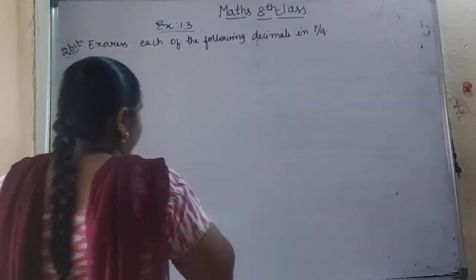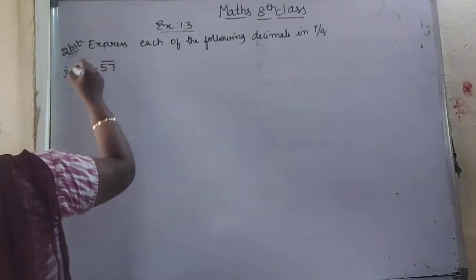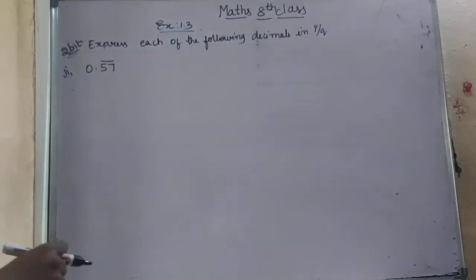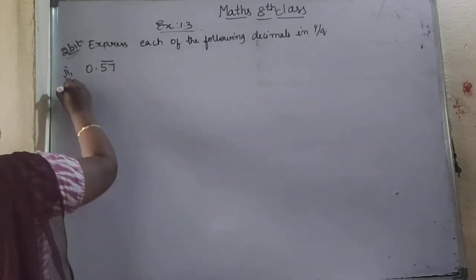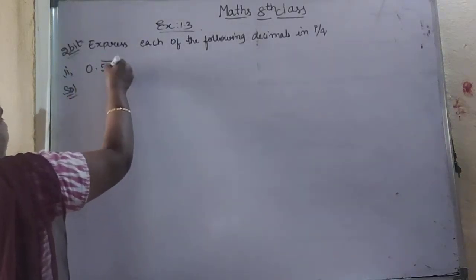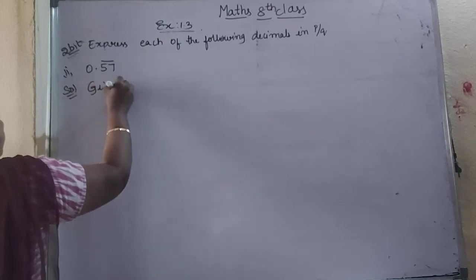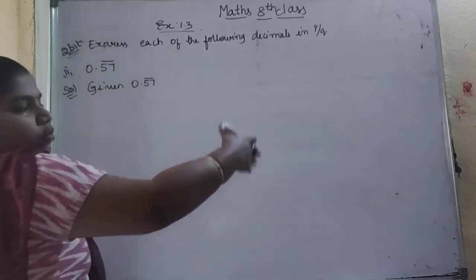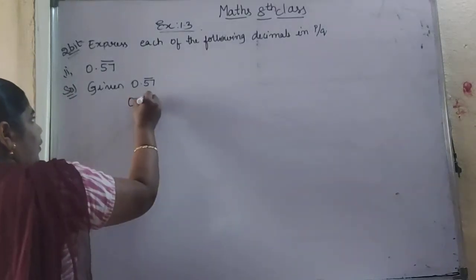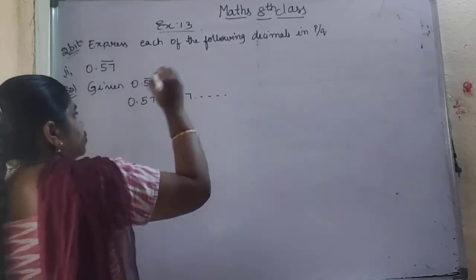Next, the second one, 0.57 bar. Now the bar is for two numbers, so the bar value will be repeated an infinite number of times. We will write this 57 more times. Given 0.57 bar, we keep writing it: 0.57, 57, 57 and so on.